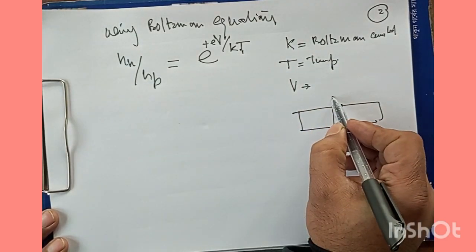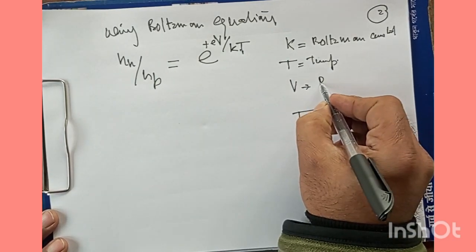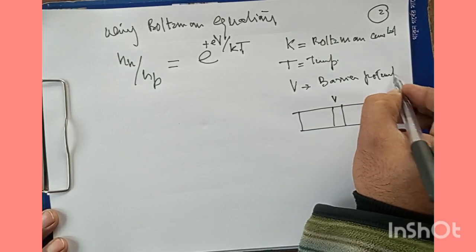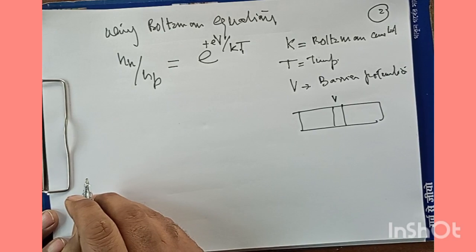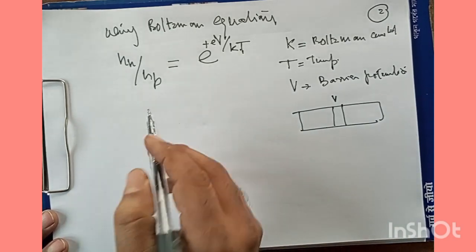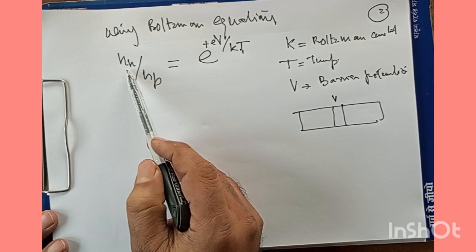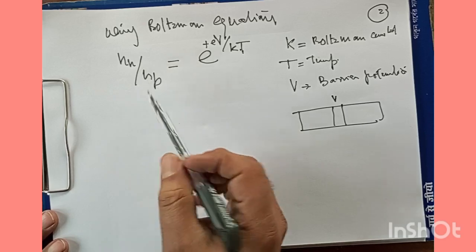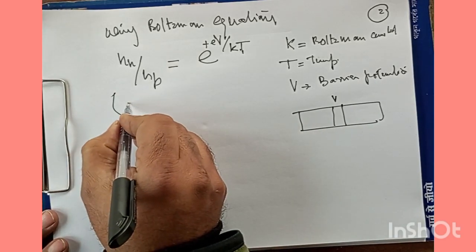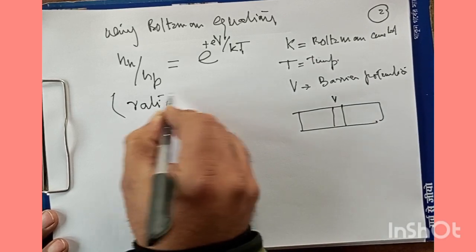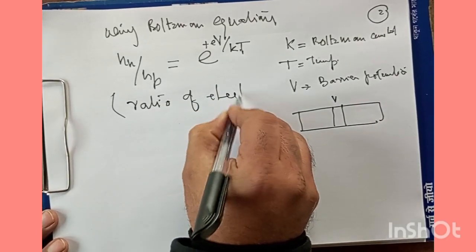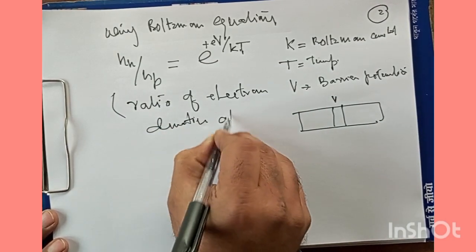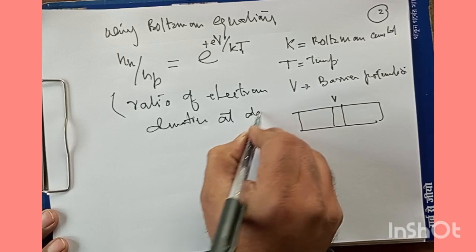So this V is the barrier potential. This basically gives me the ratio of electron densities at the junction, at the depletion layer.